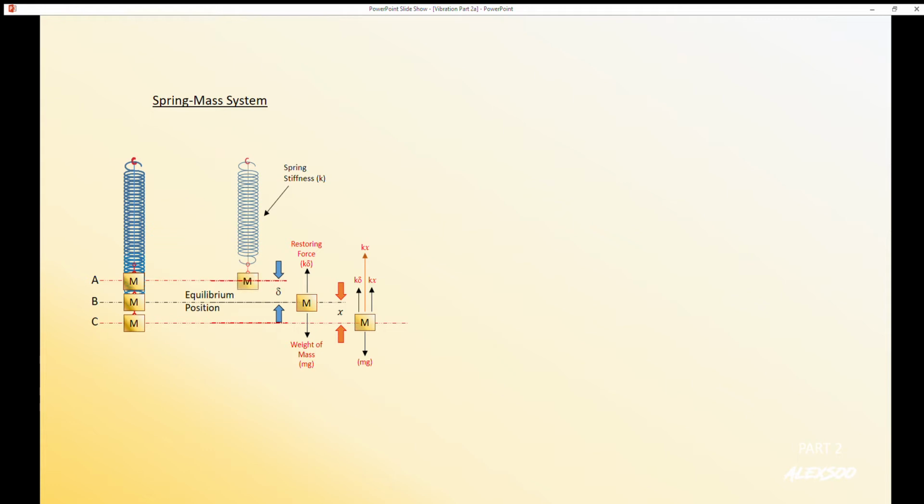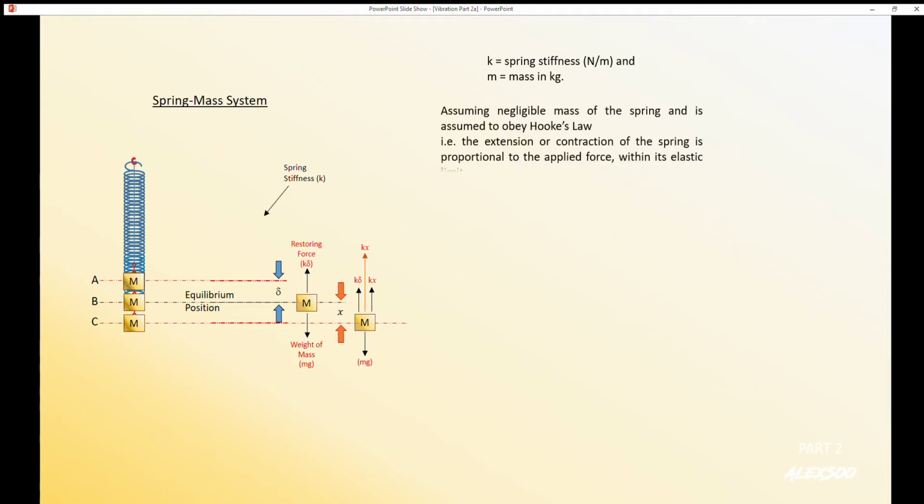So the stiffness of the spring is in Newton per meter, and it is denoted by the symbol K. So you can see when the mass is being released, the spring with the mass will be oscillating about its mean equilibrium position. K stands for spring stiffness in Newton per meter, and M stands for mass in kg.